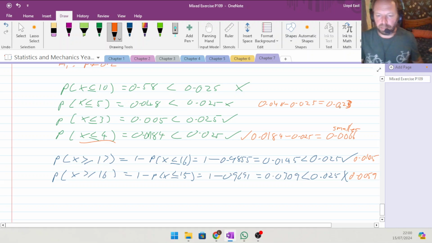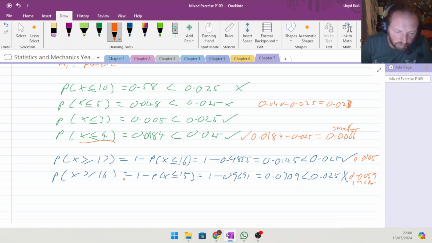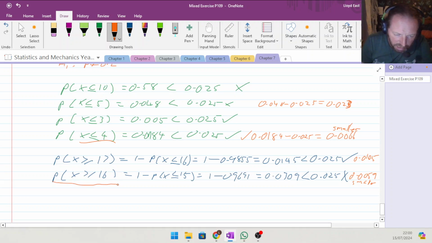So this one is smaller. This one is closer to the 2.5%, so we will use this.